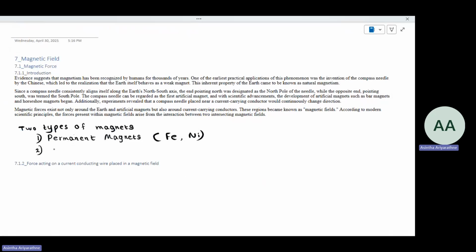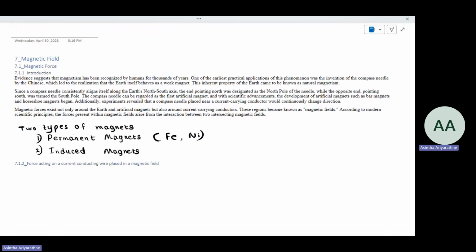The second one is the induced magnet. As the name says, they are not permanent.